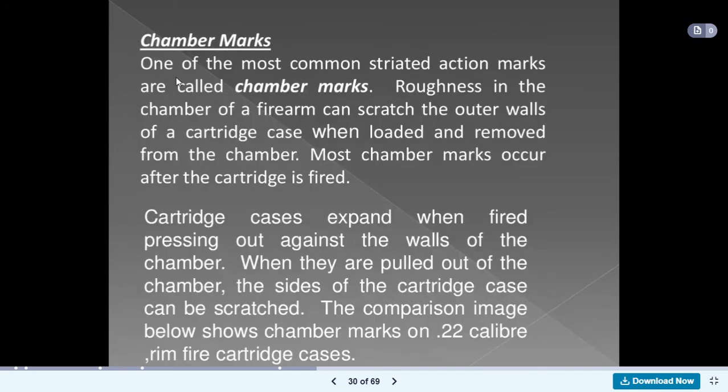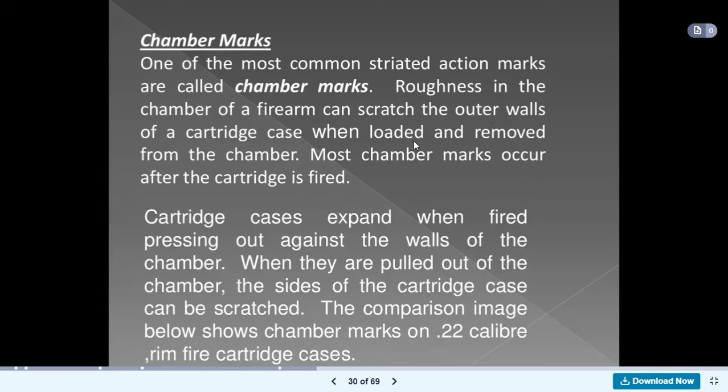So, chamber marks. One of the most common striated action marks are called chamber marks. Chamber marks are very common. Roughness in the chamber of a firearm can scratch the outer walls of the cartridge case when loaded and removed. Even if it is not fired, it can still cause scratch chamber marks, okay?